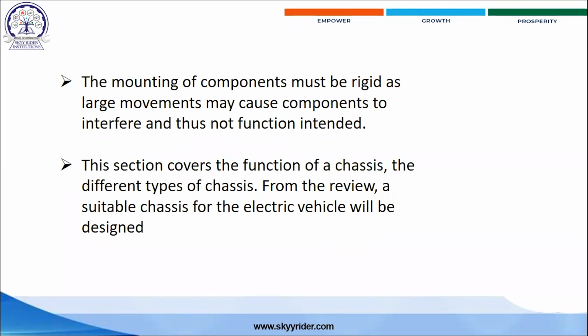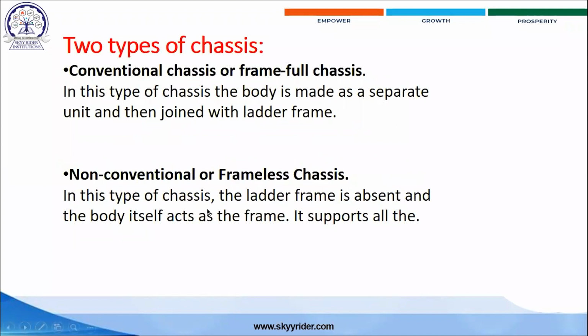There are different kinds of chassis based on our structure, our body and the different shapes of our profile. Not just a single chassis, there are different kinds. In electric vehicles, we are using two types of chassis design.